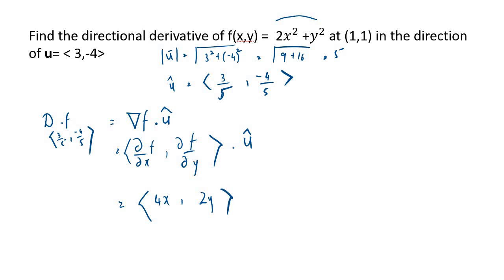Then you take the dot product with u, which is 3 over 5, minus 4 over 5. Of course this is a scalar value because the dot product of two vectors is a scalar. So we get 12 over 5 x, plus, minus 8 over 5 y.